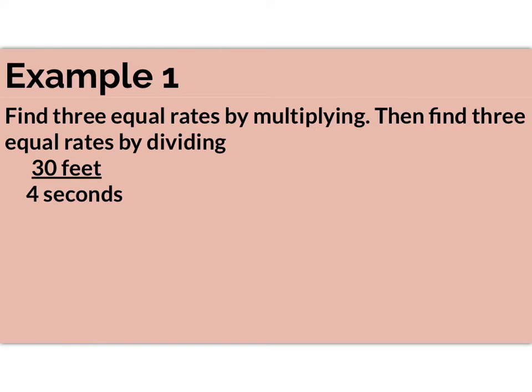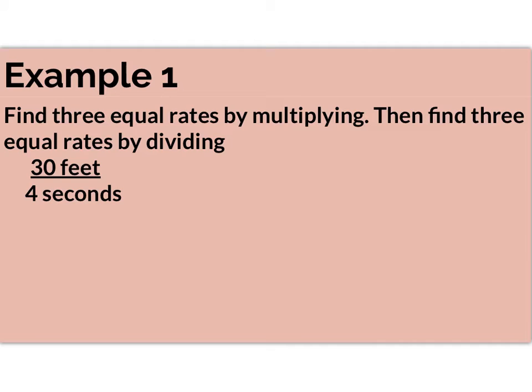Okay, so now find 3 equal rates. This is the same as equivalent fractions. It says find 3 by multiplying and then find 3 by dividing. So we're going to do the multiplying on this page and the dividing on the next page. If I do 30 over 4 and I times it by 2, we get 60 over 8.